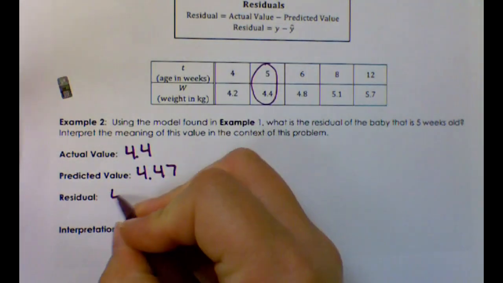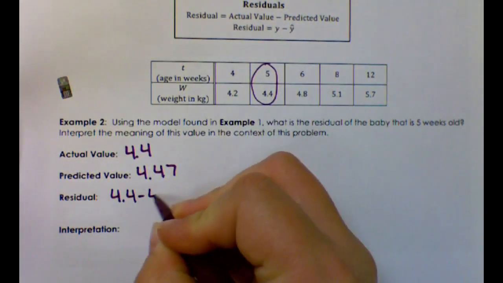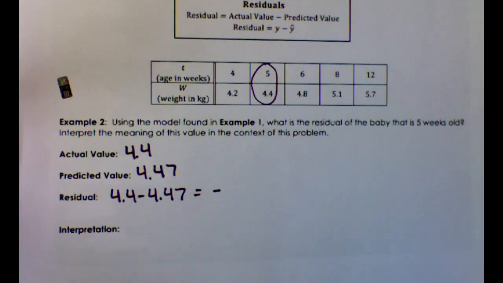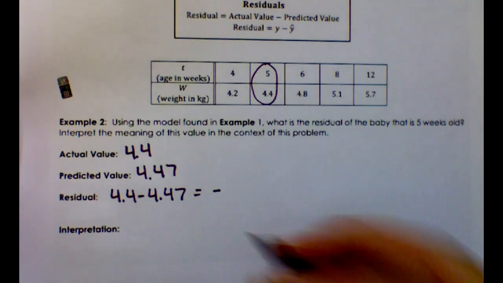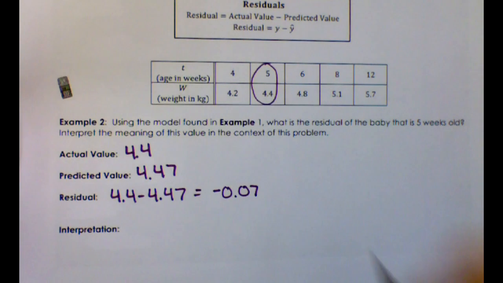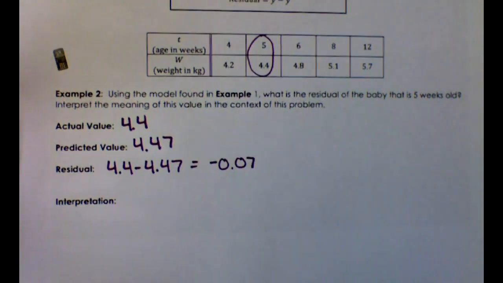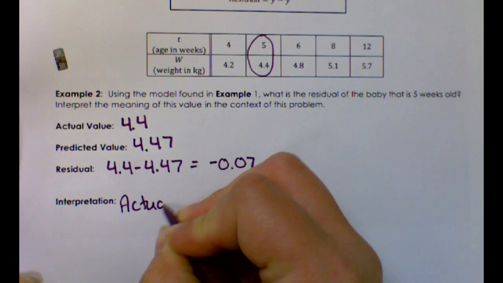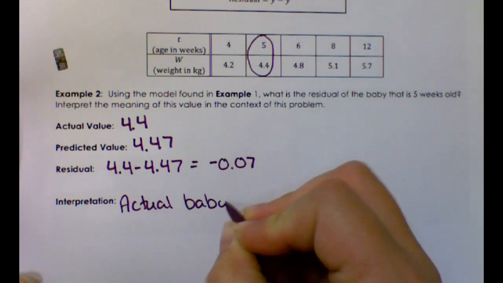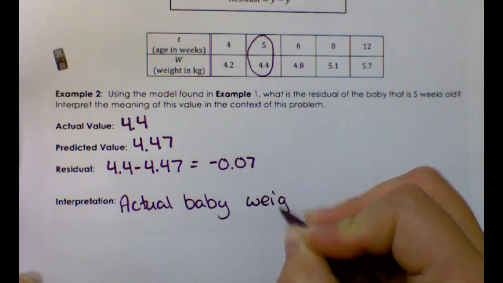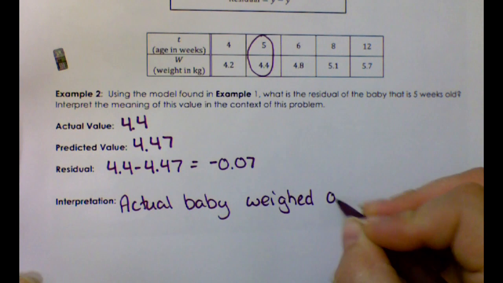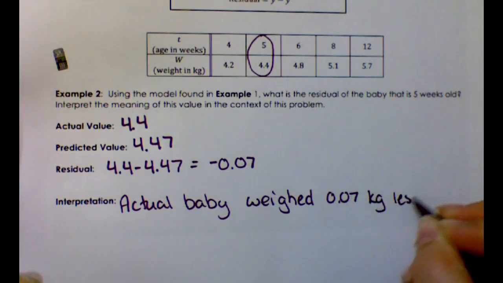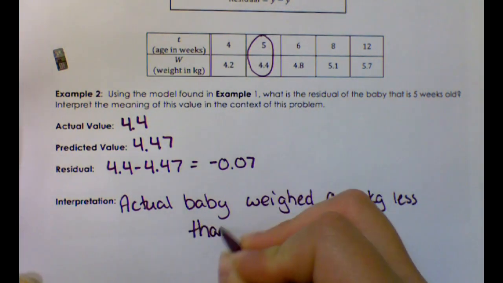So my residual is actual minus predicted, which is negative 0.07. So the interpretation is that the actual baby weighed 0.07 kilograms less than predicted.